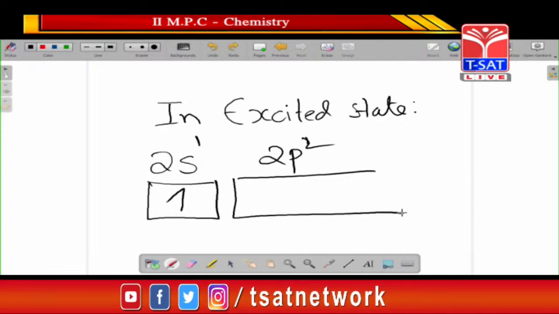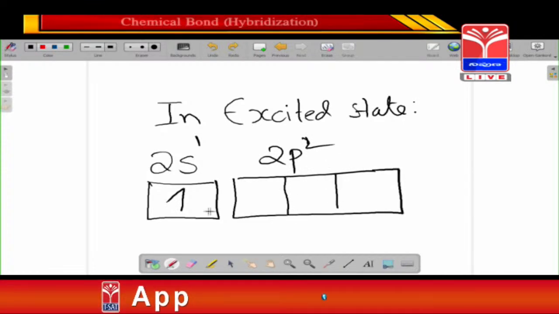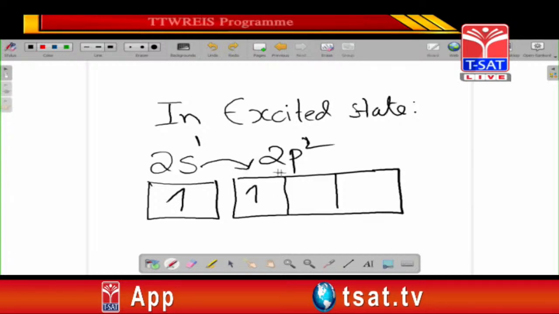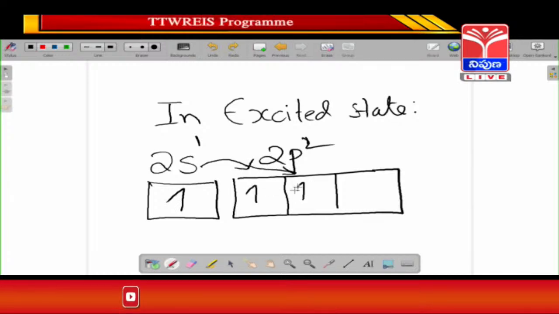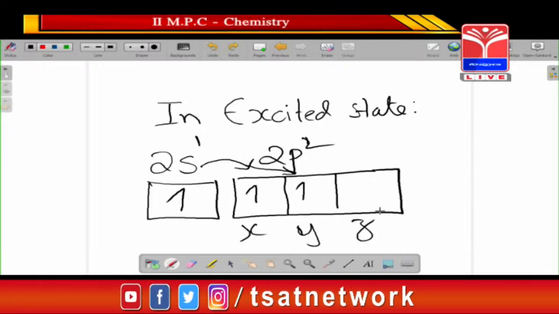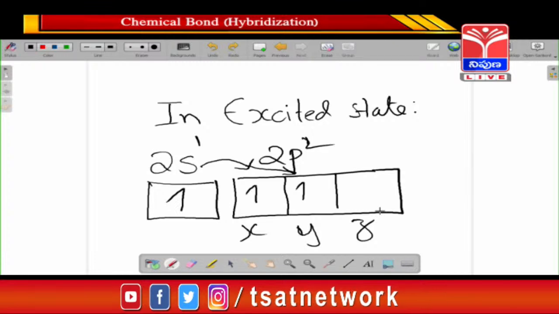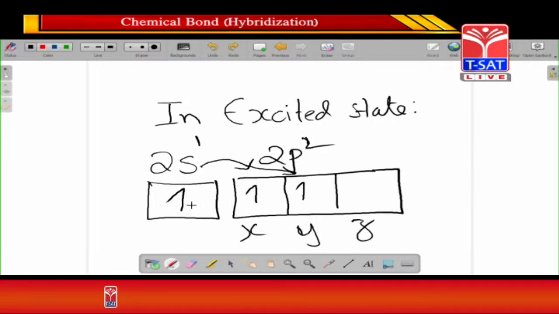Because one of the electrons has transferred to the p orbital.